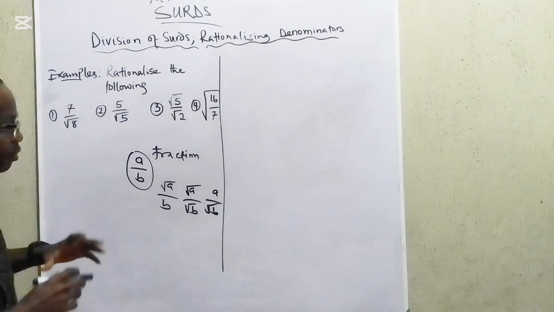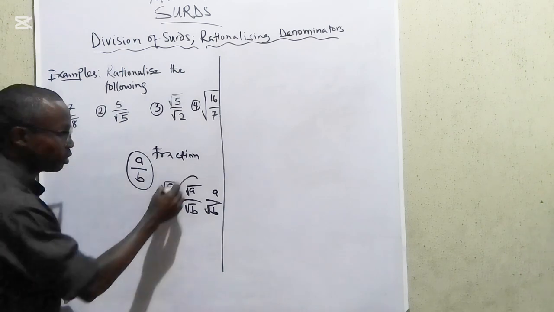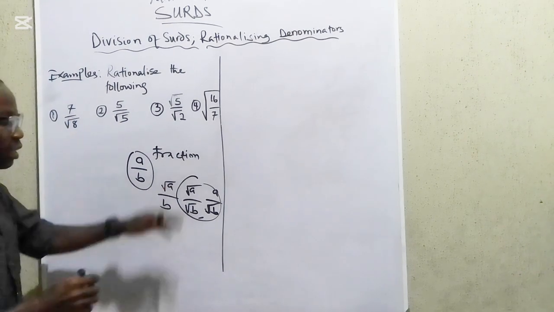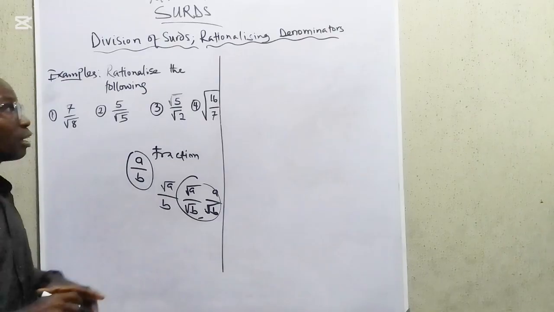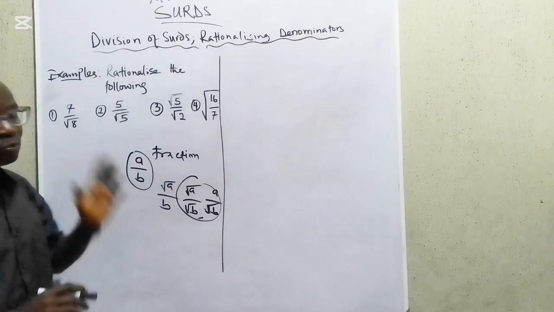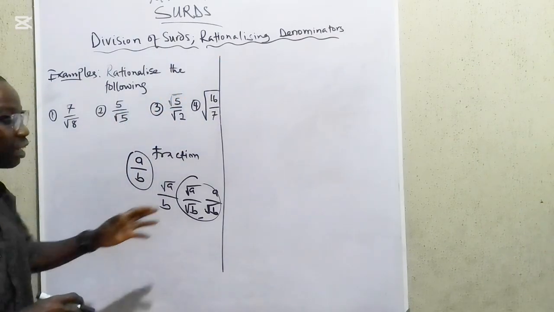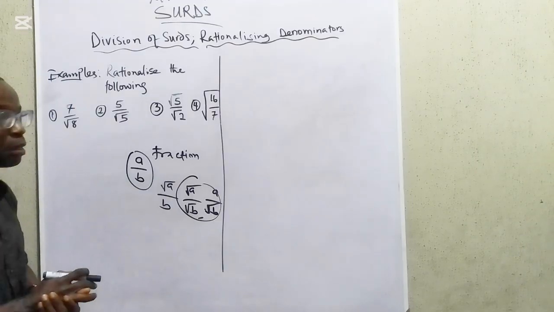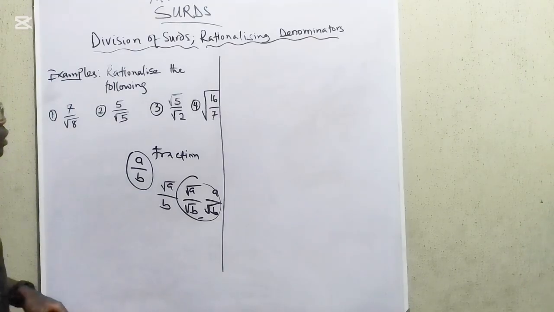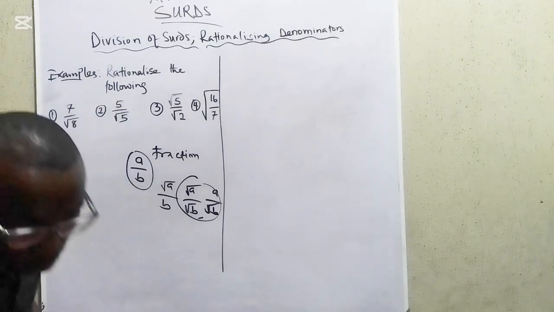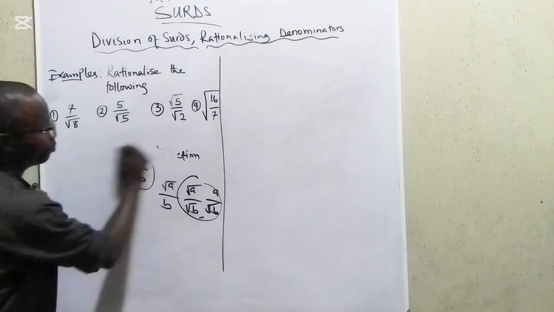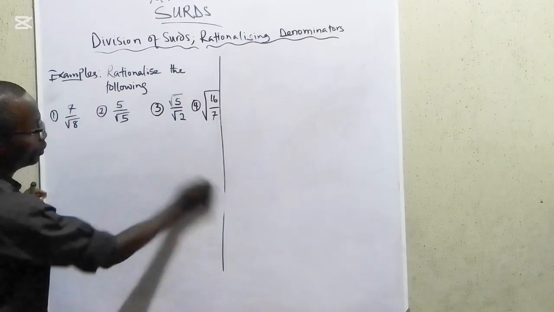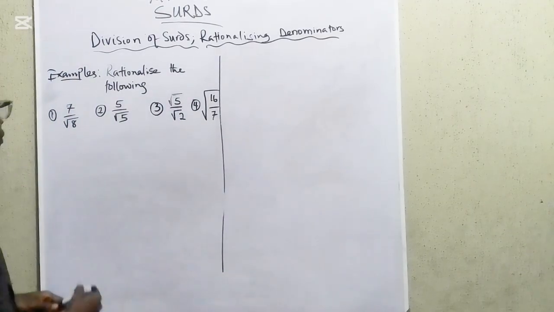In this case, we'll be looking at rationalizing fractions that have surds in the denominator. Now, first of all, let's ask ourselves, why do we do this?